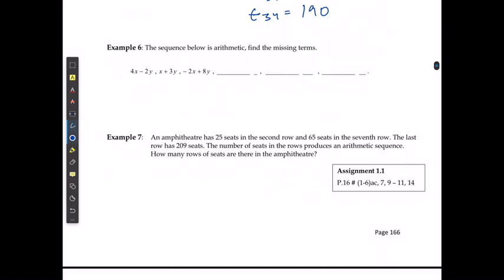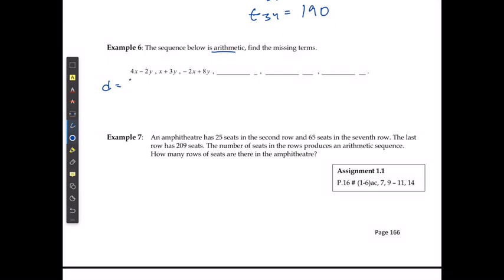If I'm doing the same thing with variables, the sequence below is arithmetic, find the missing terms. Well, it tells us it's arithmetic, which means that it's changing by constant amounts every single time. We know that our formula to solve the difference is going to be a term minus the term that came before it.